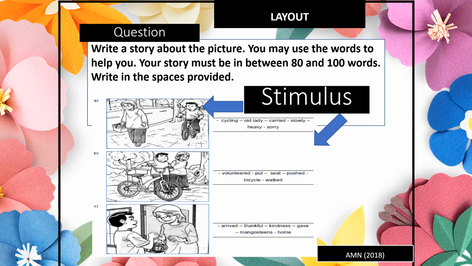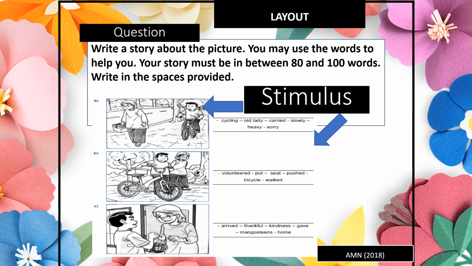Let's see the layout of the question. These questions look familiar, isn't it? So we are going to read the instruction given in this question. Write a story about the picture. You may use the words to help you.